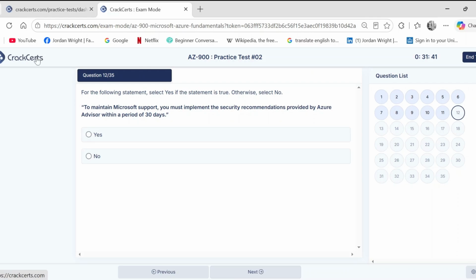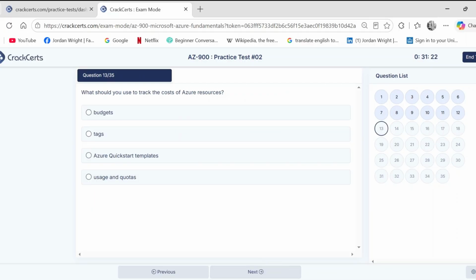It depends on the company or the individuals using Azure. So it's no. You're right. So you don't have to do it within 30 days. It provides us with recommendations, but doesn't force us.